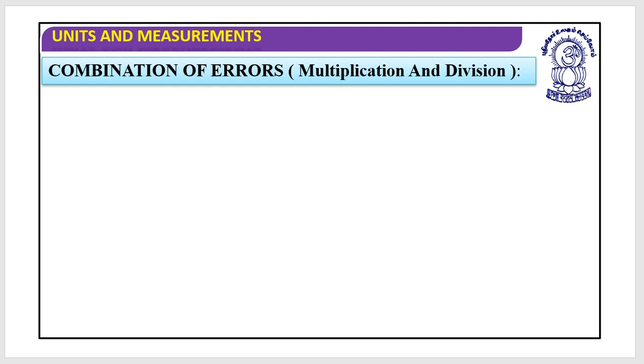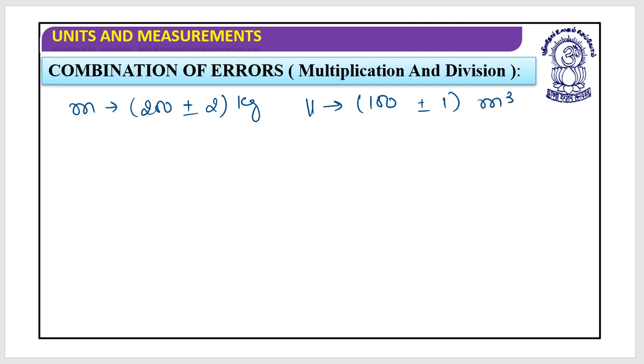Let's say I have been given a mass which is 200 plus minus 2 kg. I have been given a volume of an object which is 100 plus minus 1 meter cube.